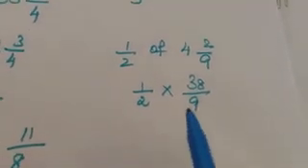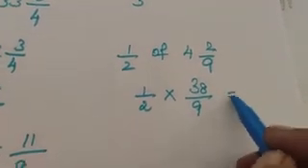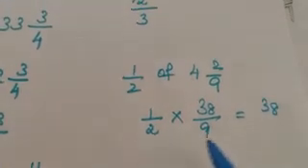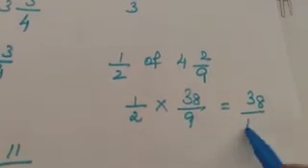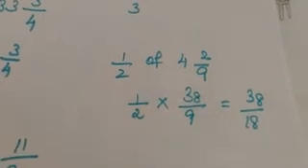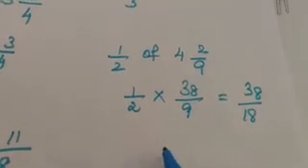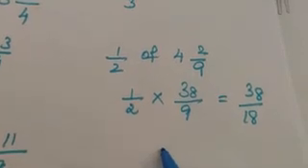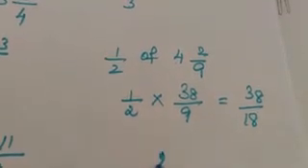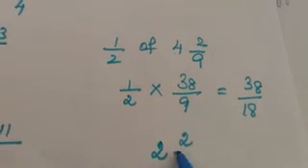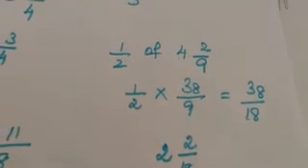Okay children. And 1 into 38 is 38 and 9 into 2 is 18. So when you divide 38 by 18, 18 2s are 36, 2 times it will come, remainder 2 will be coming. So 2 upon 18.